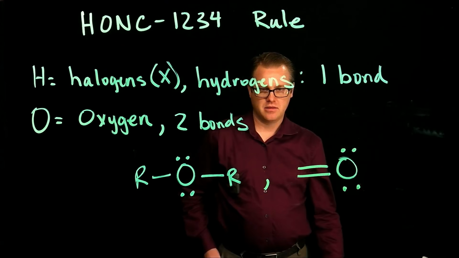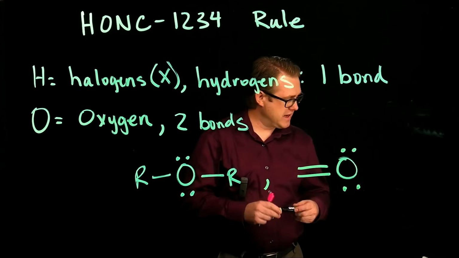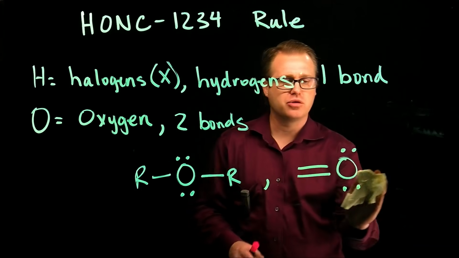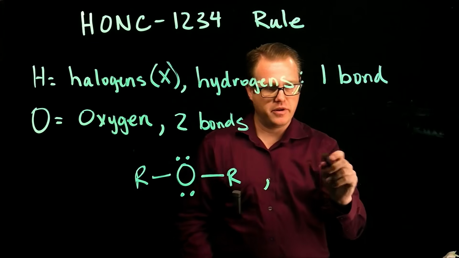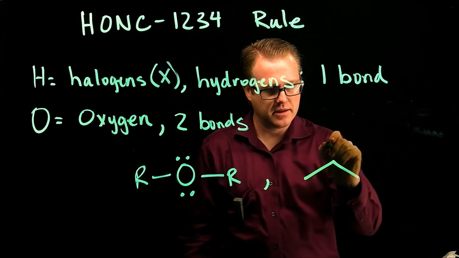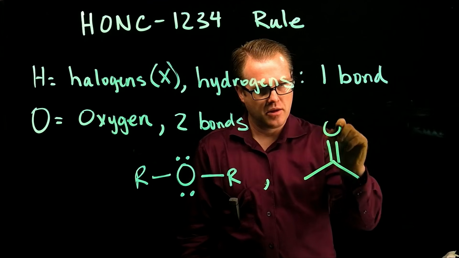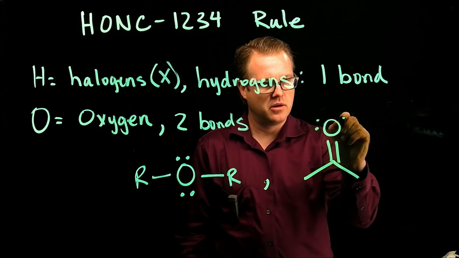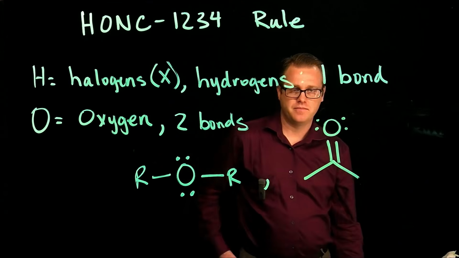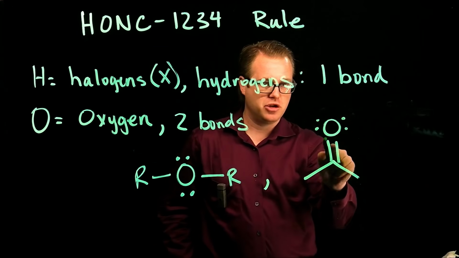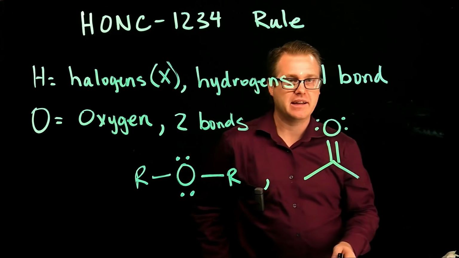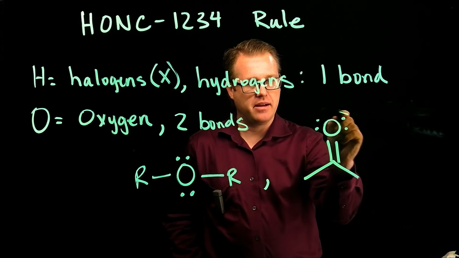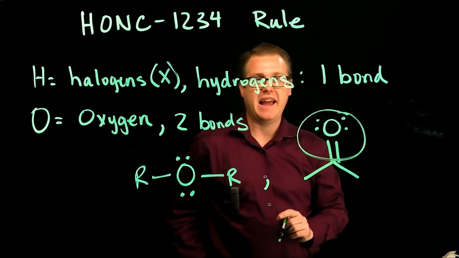So for example, we could draw, let's say, a ketone. What if we drew a ketone that looks like this? Okay, there's a ketone. That oxygen atom has 2 bonds and 2 lone pairs because we want to have the octet rule. You can see that if you circle that, there's going to be 8 electrons.